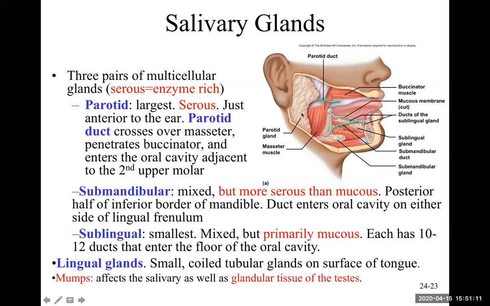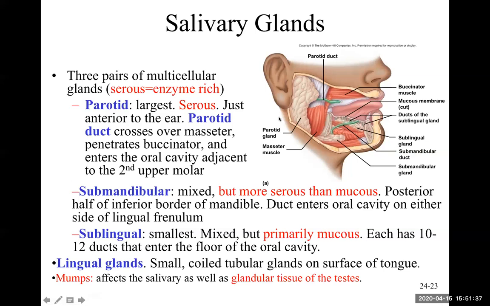Next to the parotid, we're going to see some branches of our trigeminal nerve. That nerve is going to be our main sensory nerve. So with mumps, the parotid gland enlarges and gets really big and starts pinching down on some of the branches of our trigeminal, and it causes a lot of pain as a result.